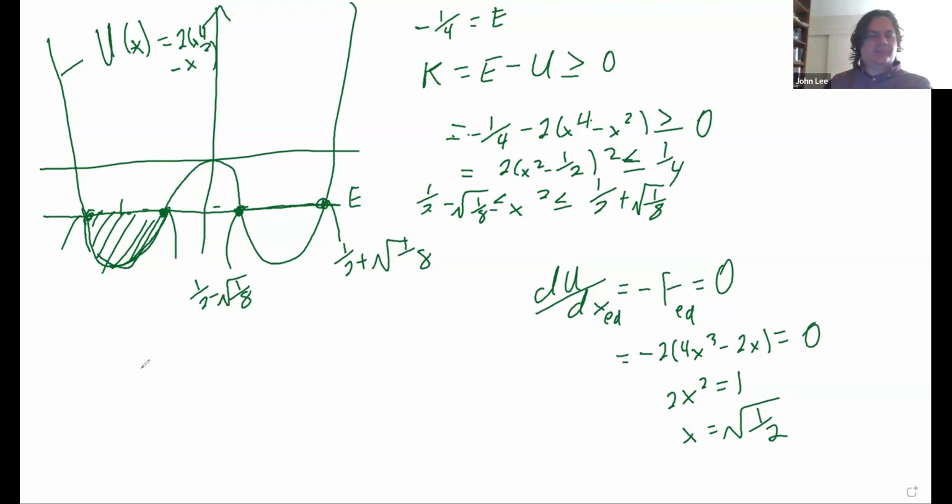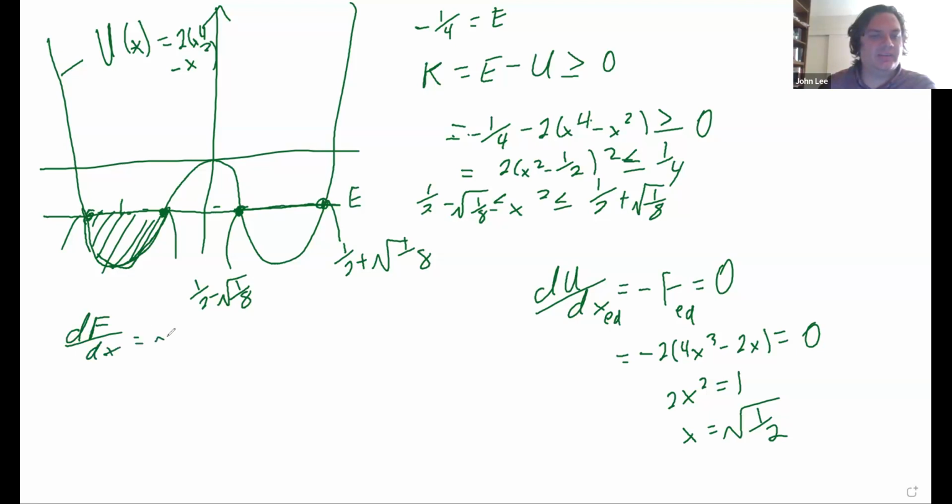Then it's a relative minimum. And if the second derivative is negative, then it's a relative maximum and it's unstable because the force, which equals negative du/dx, will be pushing out from that equilibrium point rather than pushing in on the equilibrium point.